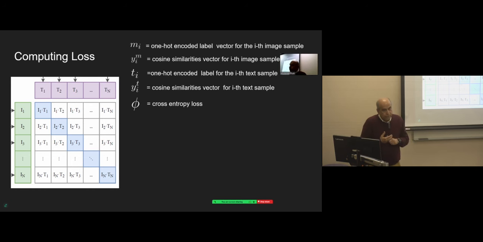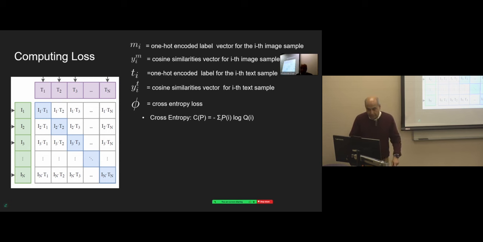That's what you always train your classifier with. So this cross entropy will be expressed like this: we have two distributions, P and Q, and the cross entropy is given by the sum of Pi log Qi over all the bins. So that's it.